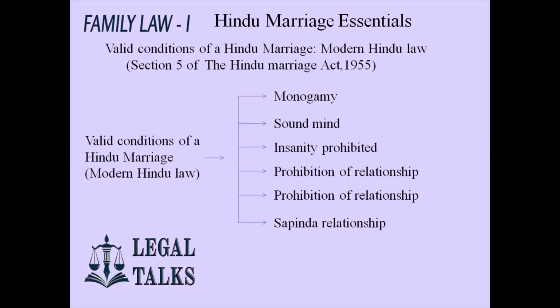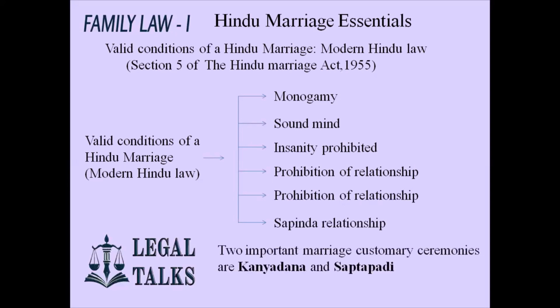To have a fast recap, Sapinda relationship is 5 generations from the father's side and 3 generations from the mother's side. If the subject is connected within these 5 generations on the father's side or 3 generations on the mother's side, then it falls under Sapinda relationship and the marriage becomes void.